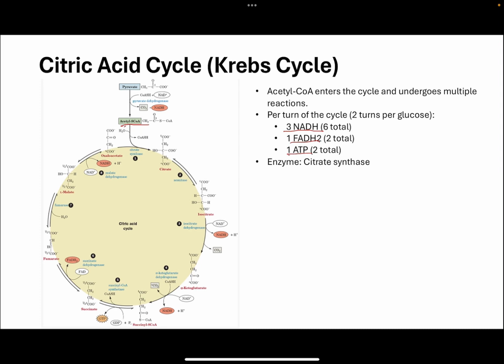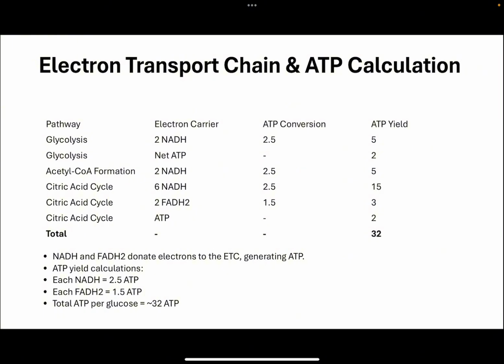This means we have 6 total NADH, 2 total FADH2, and 2 total ATP. The enzyme that catalyzes the first step when acetyl-CoA enters the citric acid cycle is citrate synthase.